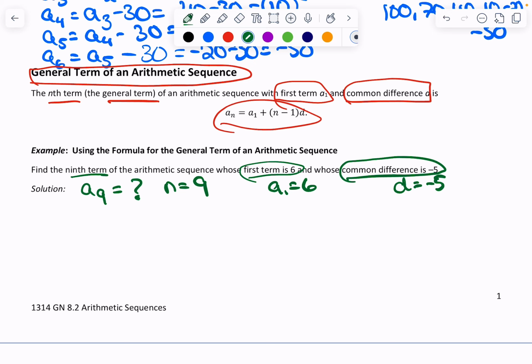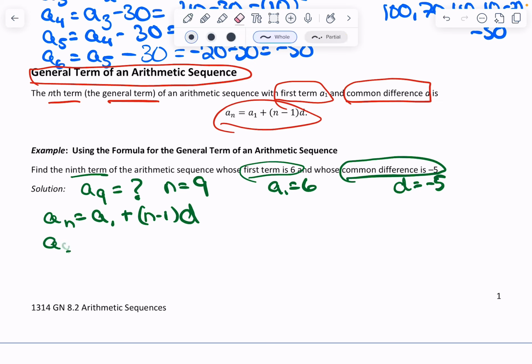Okay, so we're going to take the formula. The nth term is the first term plus n minus 1 times the common difference. So we're looking for the ninth term. Our first term is 6. n is going to be 9.